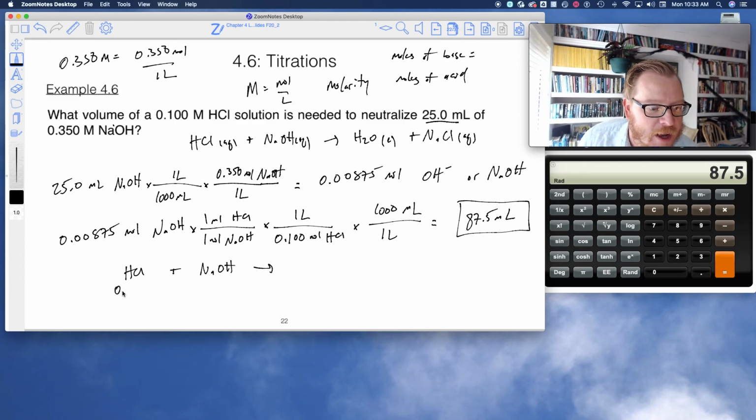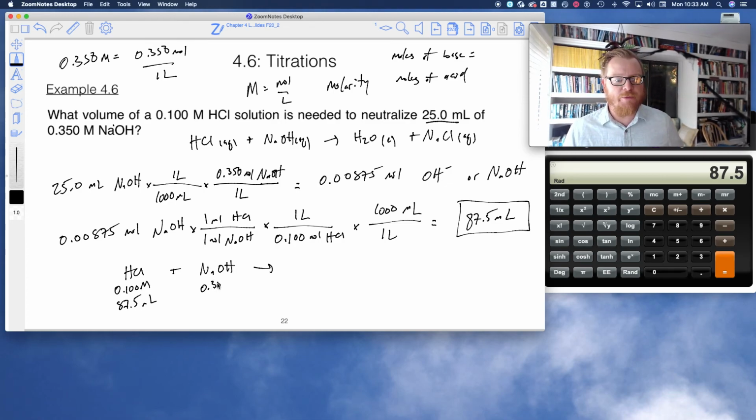So if I had a 0.100 molar solution and 87.5 milliliters, and here I had a 0.350 molar sodium hydroxide solution and 25.0 milliliters, then I would perfectly titrate or neutralize the acid and base, and all that I would be left with is salty water. Okay, it would be neutral. No more acidic or basic properties. It would just be salty, neutral water.